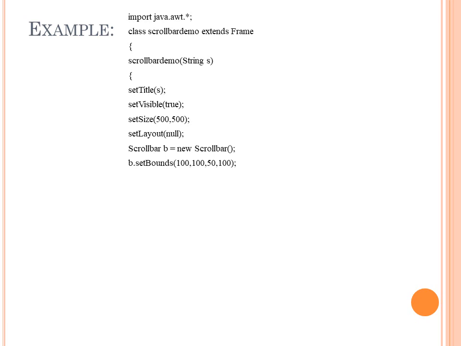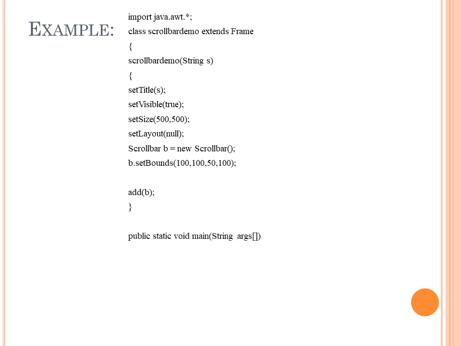Then we are going to set the coordinates for that. That will be b.setBounds. Since we are going to show a demo inside a frame, we are writing b.setBounds over here. Then we are going to add the scroll bar inside the frame, so we are writing add(b).